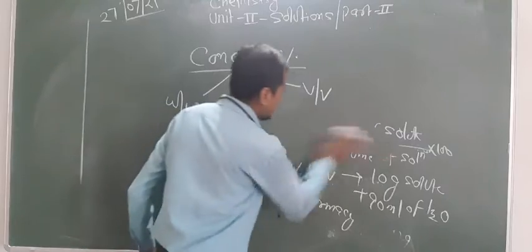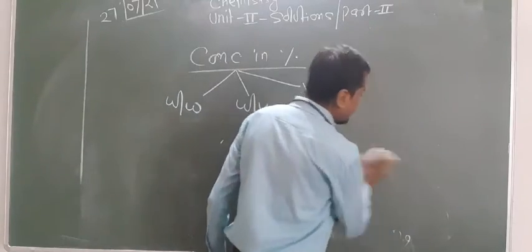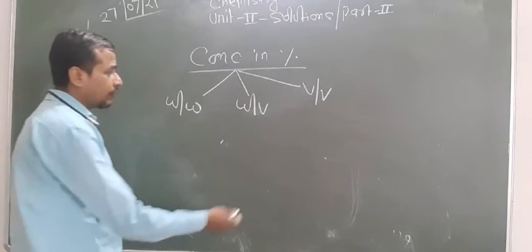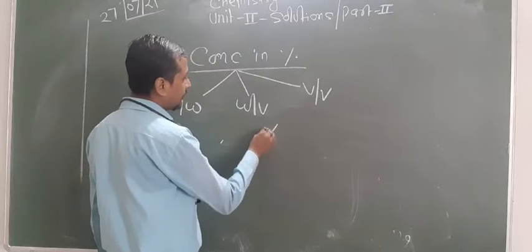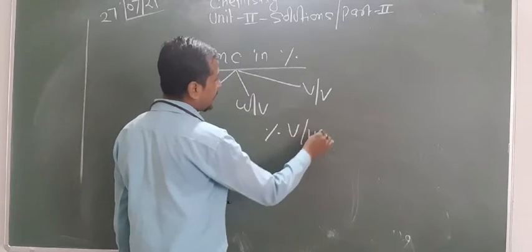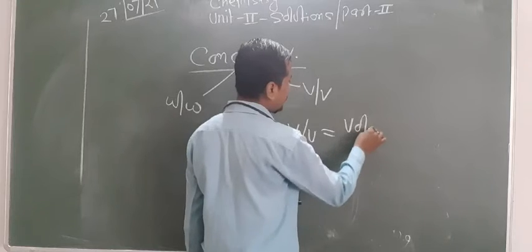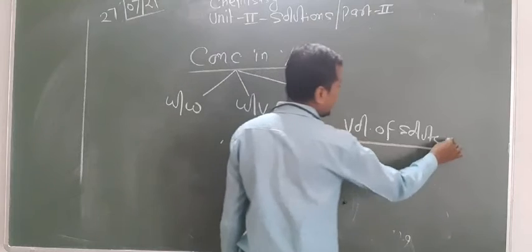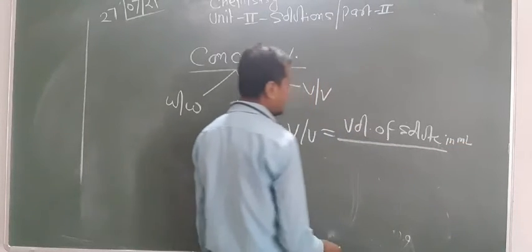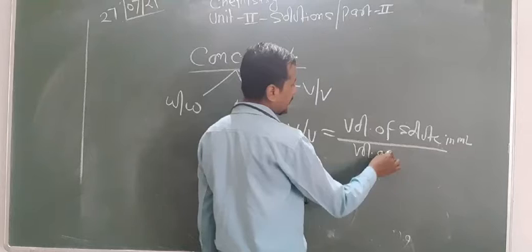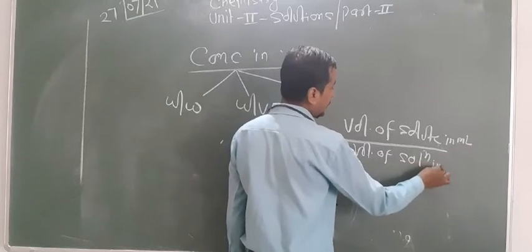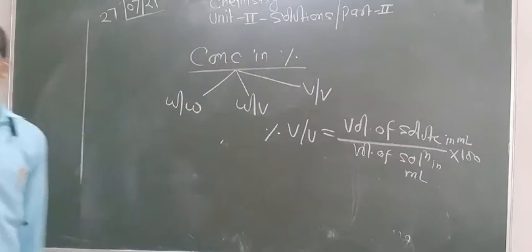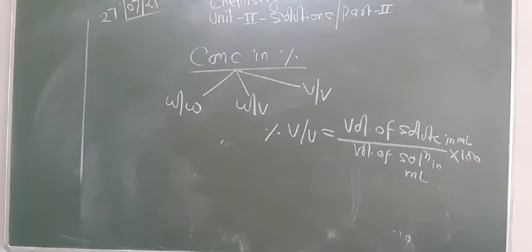Now third is volume by volume. What is the meaning of this? It means the volume of component, that is the volume of solute. Percentage volume by volume equals volume of solute in ml divided by volume of solution in ml, and multiply by 100. By this way you can get the volume percentage.